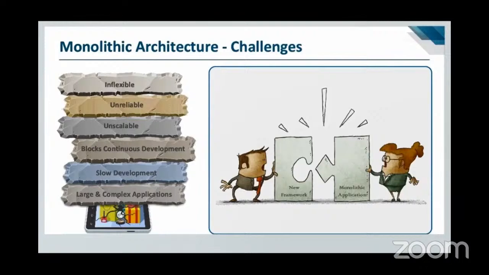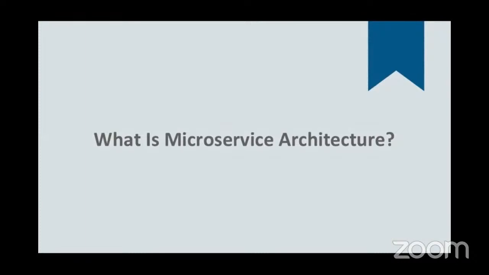At the same time, there might be some components which are more efficient in a certain technology, right? So such isolated implementation is not possible in monolithic architecture. Okay, so finally, we can now understand what a microservice architecture is and how it solves all these challenges and problems.